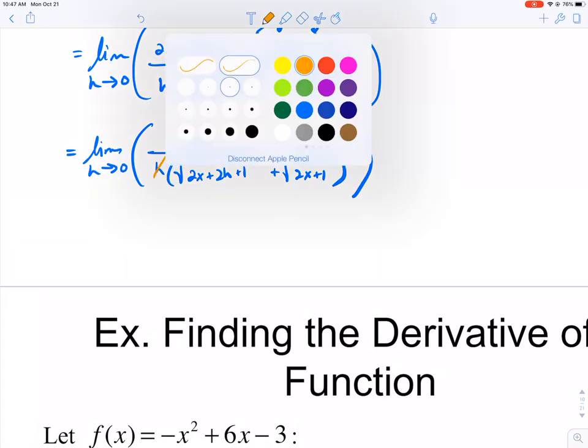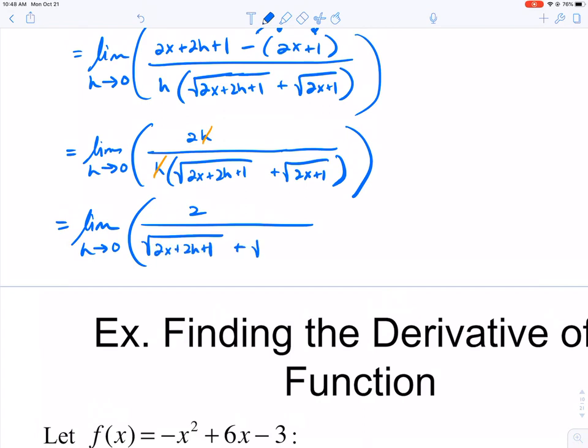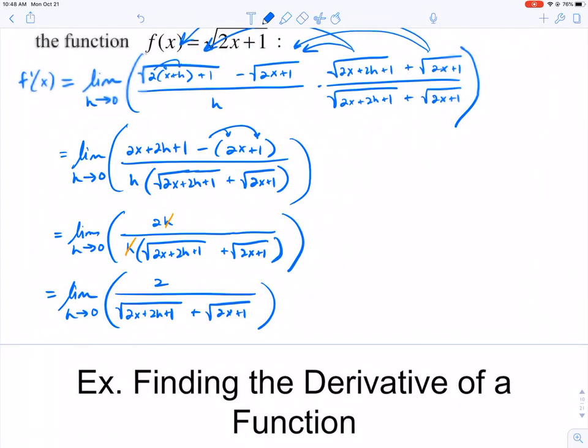So now we get the h in the denominator to cancel with the h in the numerator. And we will be left with 2 over the square root of 2x plus 2h plus 1 plus the square root of 2x plus 1. So now we're ready for direct substitution.